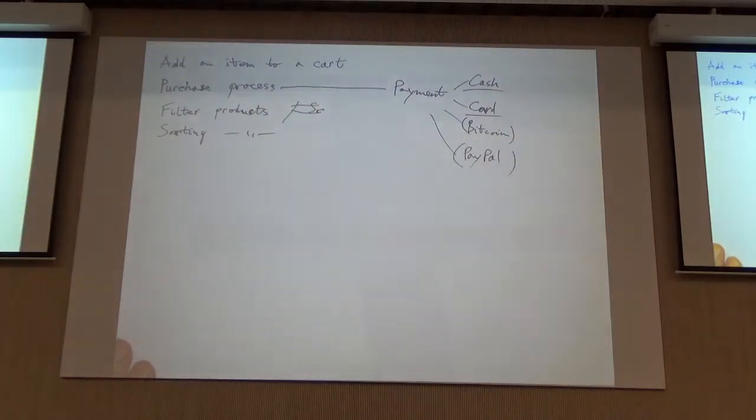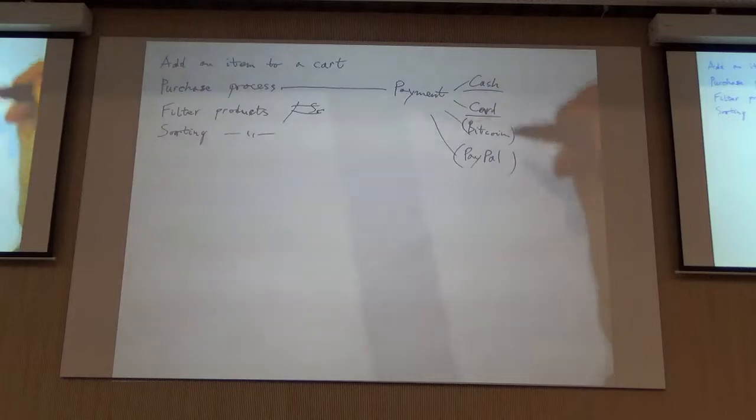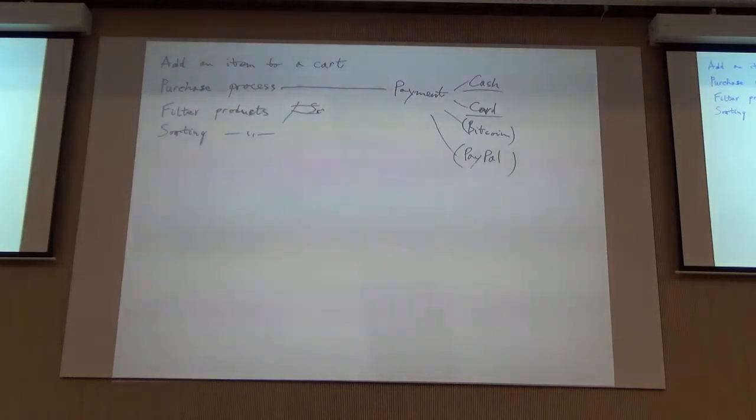PayPal maybe, I'm not sure about it. But for sure I will support these two. Maybe I won't support even card payment for sure. Maybe it will also be an optional thing to do. So you see, we can pretty much, where are the objects here?